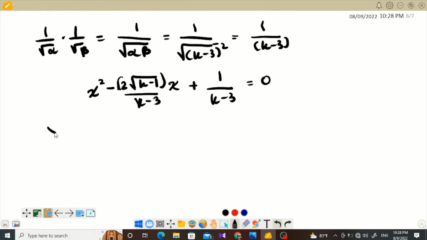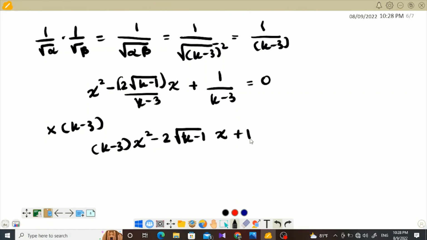I multiply the equation by k minus 3 and obtain my final solution: k minus 3 times x squared minus 2 square root of k minus 1 times x plus 1 equals 0. This is the quadratic equation whose roots are 1 over root alpha and 1 over root beta. So we have completely solved the quadratic equation part.